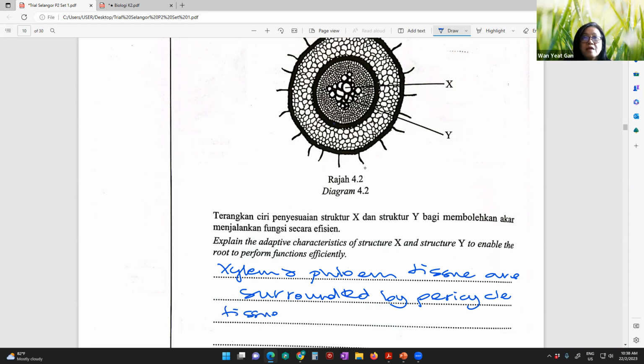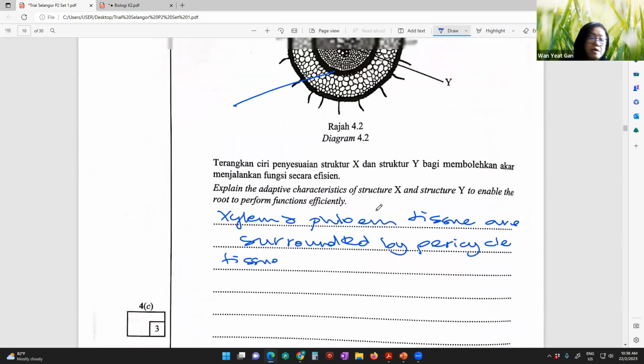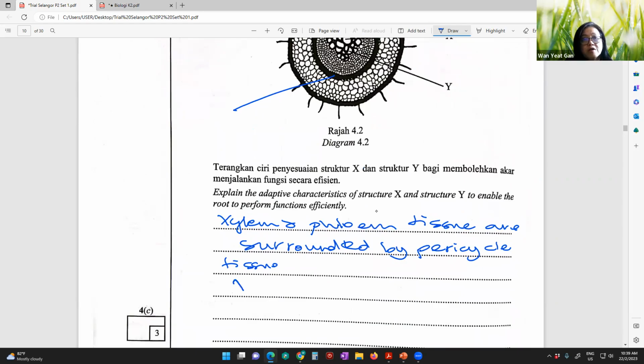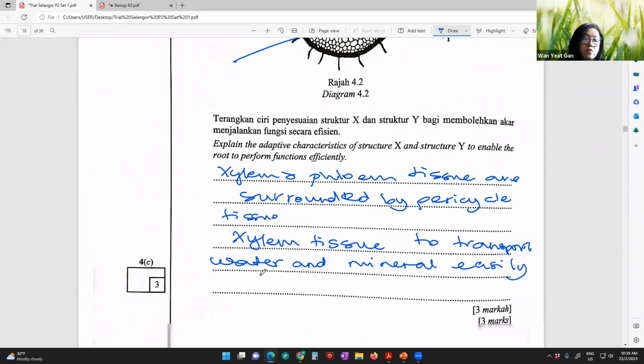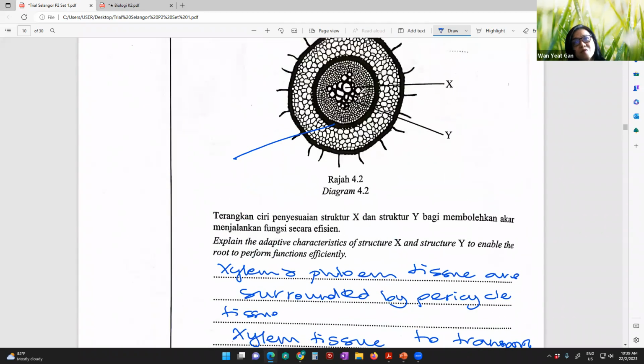And this has allowed the xylem tissue to transport water and mineral salt easily. Another thing you can see from the picture is that xylem and phloem are arranged in a star pattern or star shape.